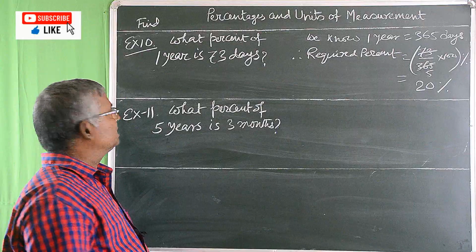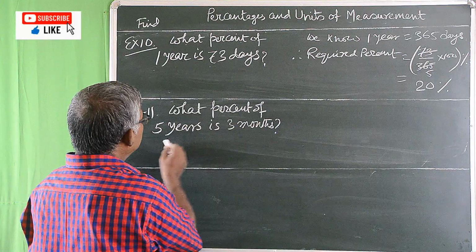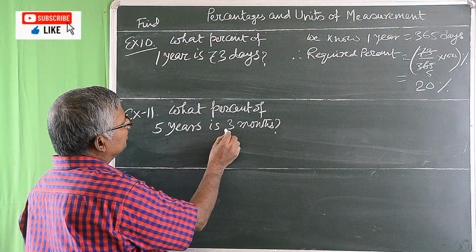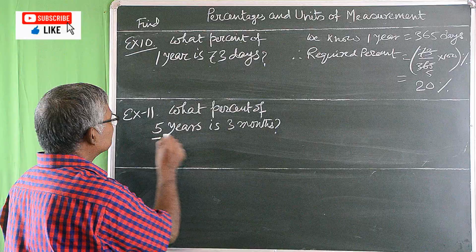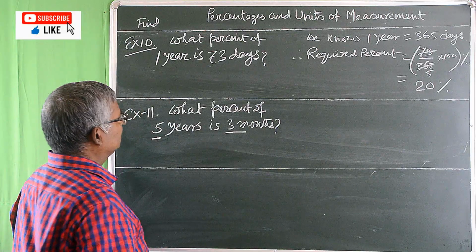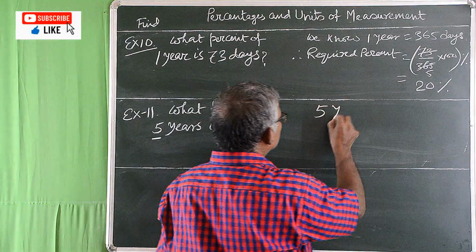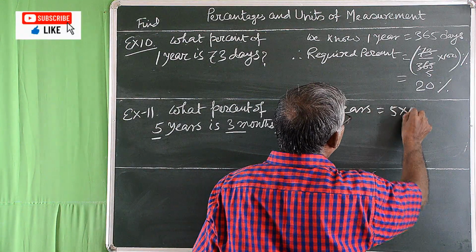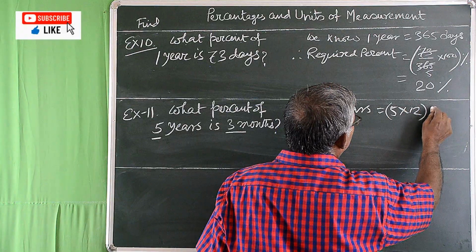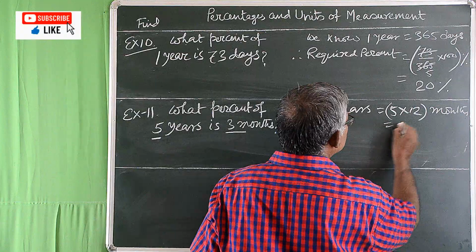Students, let us consider another problem. What percent of 5 years is 3 months? Students, both the numbers must be same kind. Here 5 years means equal to 5 into 12 months, that is 60 months.